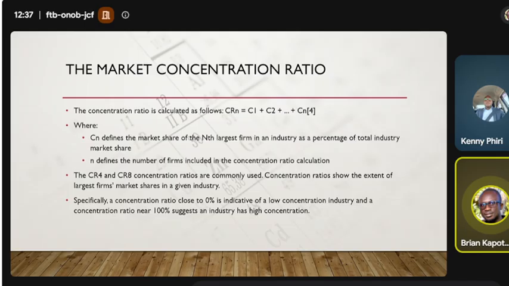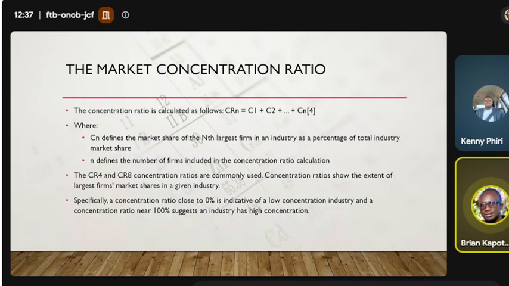So in this case, we are doing the market concentration ratio for 4 firms, because they are the ones we're saying have the largest share. So our formula starts where it says CRn, you add the number of firms. So the n here is going to be 4, CR4.